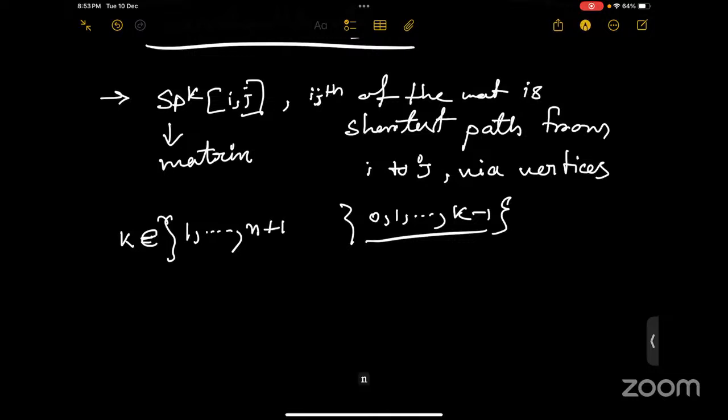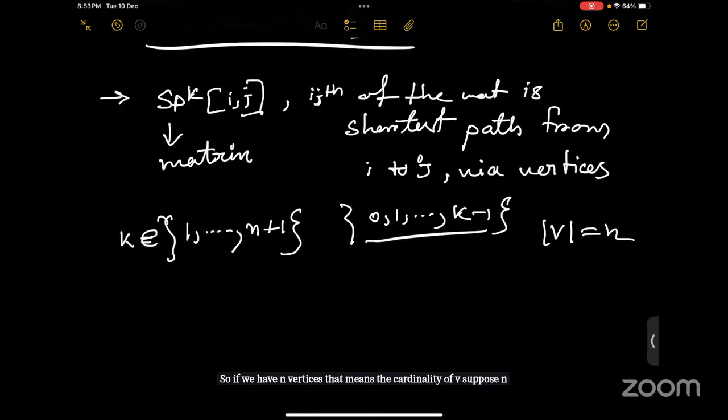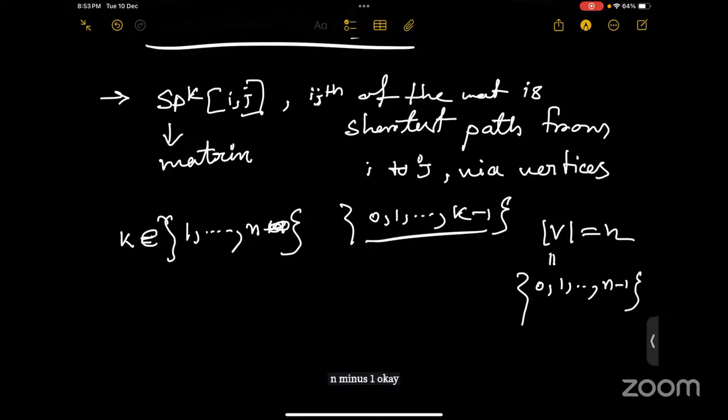If we have n vertices, that means the cardinality of V is n. So the set of all vertices is 0, 1, 2, up to n minus 1. Okay, that means we have n vertices in the graph. Is the definition clear?